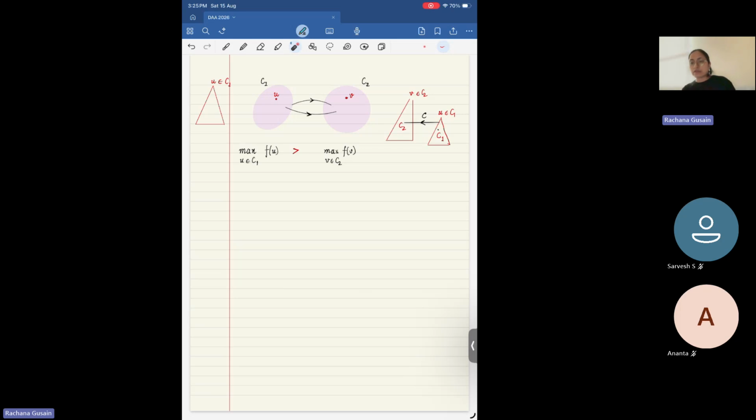So if there are multiple DFS trees, which node will have the highest finish time? The starting one. Hmm, no, starting one meaning V or U? I think U.